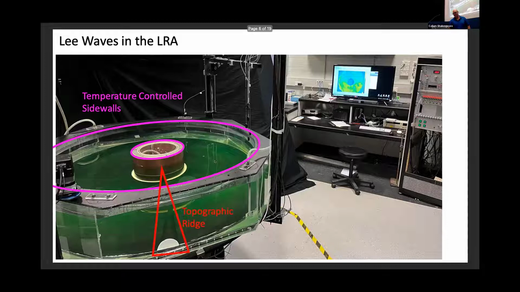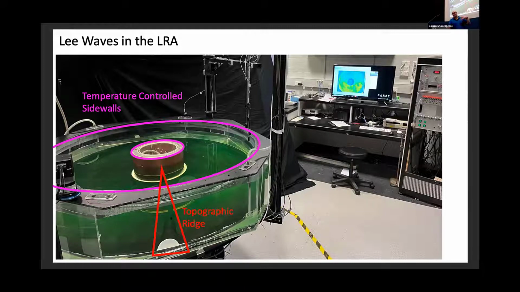In addition to the stratification, we also need a bit of topography. What we've got here, and I'm just trying to highlight it given the parallax issue, is this topographic ridge. In this configuration, it extends the full width of the annulus, and it sits at the bottom of the tank.